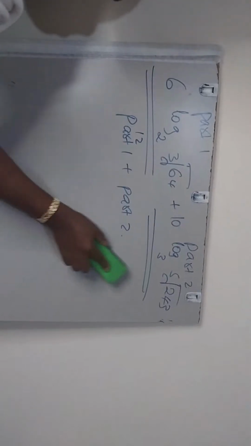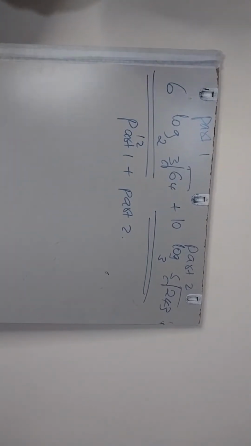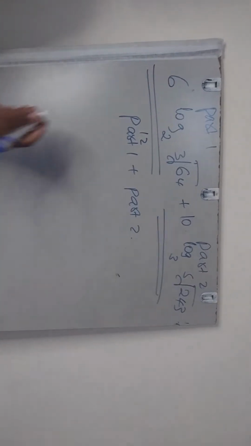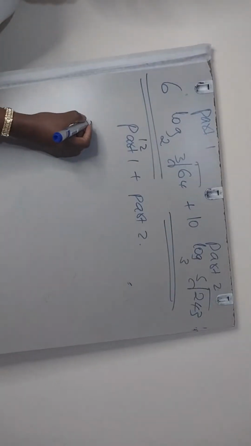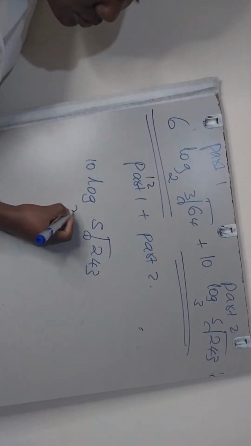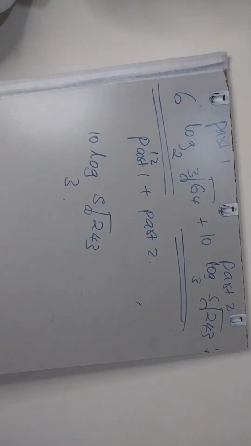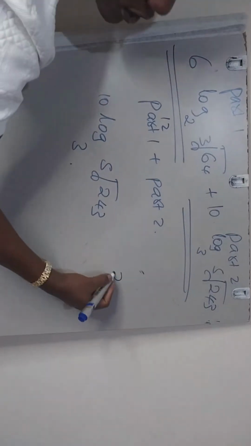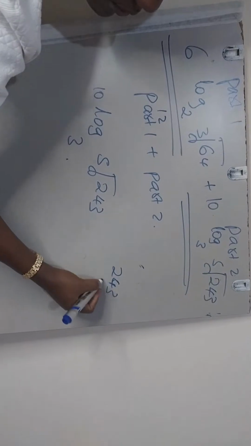Why am I doing part 2 separately? Because they have different powers. Like this one: 10 log of the fifth root of 243 to base 3. Good. Let us factorize 243 to get the fifth root.